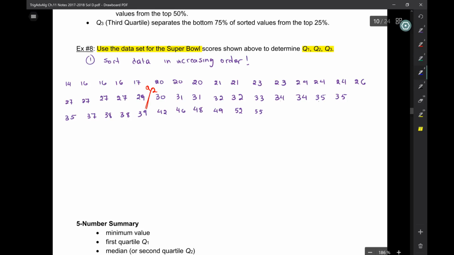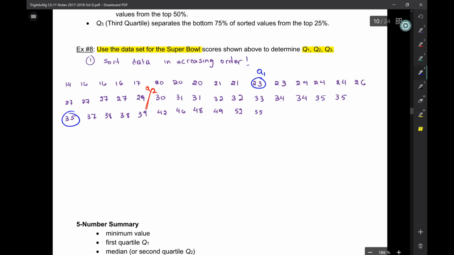But okay, so now the first half, let's split that down the middle. If we have 21, there's going to be 10 and 10 and 1 in the middle, right? So 1, 2, 3, 4, 5, 6, 7, 8, 9, 10. So this is Q1. And then same thing here. 1, 2, 3, 4, 5, 6, 7, 8, 9, 10.